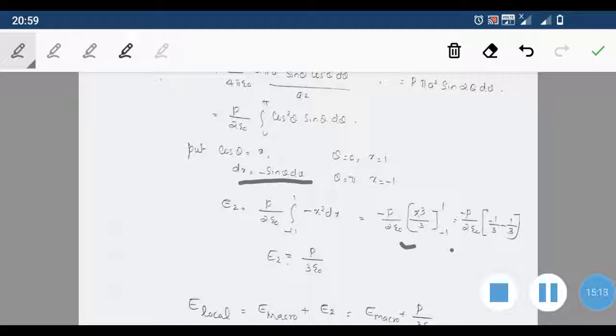So that is equal to minus P by 2 epsilon 0 into minus 1 by 3 minus 1 by 3. So that is minus 2 by 3. 2 and 2 get cancelled. So it will be equal to minus P into minus 2, that is equal to P divided by 3 epsilon 0. So the expression for Lorentz field is nothing but P divided by 3 epsilon 0.